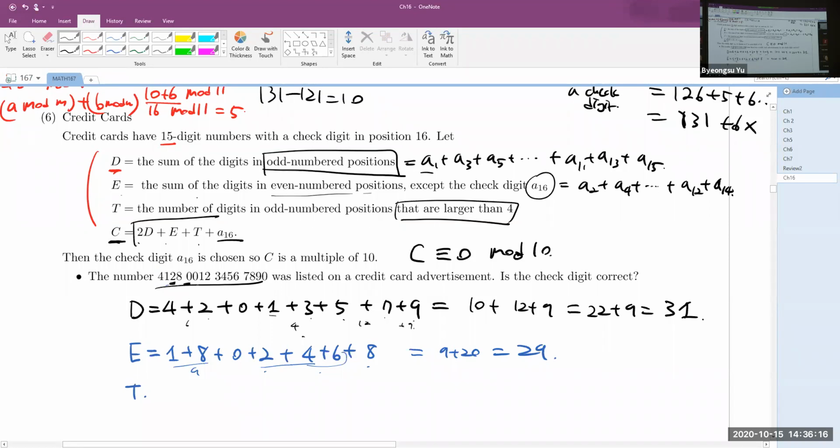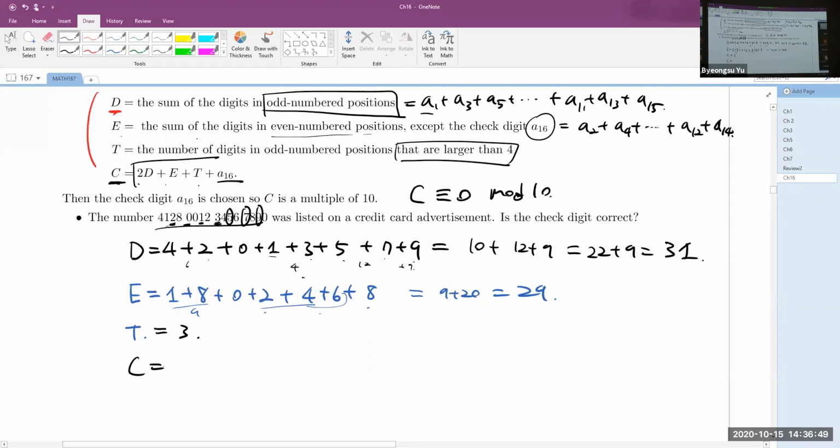And third one is 0, it is not counted. 1 is definitely less than 4, it is not counted. 3 is less than 4, it is not counted. 5 is actually greater than 4, so it is counted. And 7 is also greater than 4, so it is counted. And 9 is also greater than 4, it is counted. So T is just 3, right? So there are only 3 numbers in all the digits which are greater than 4, right?